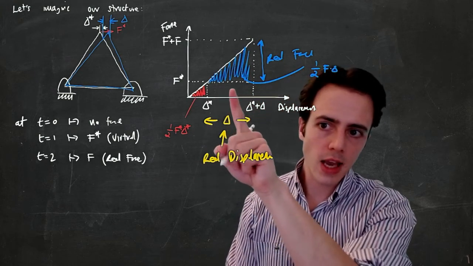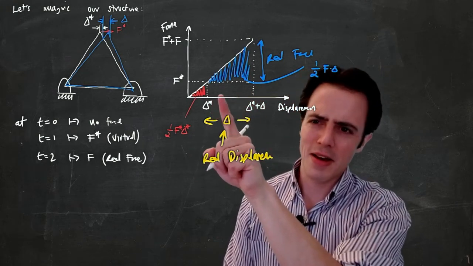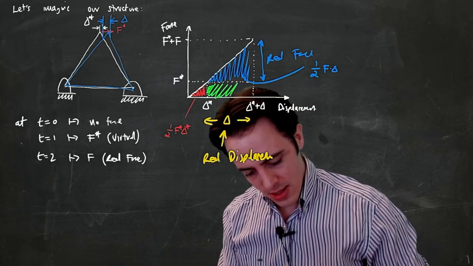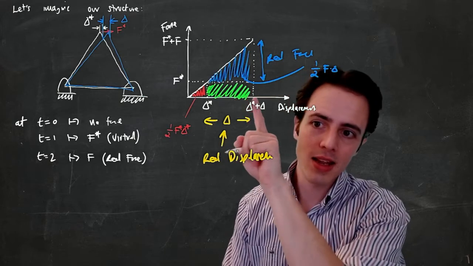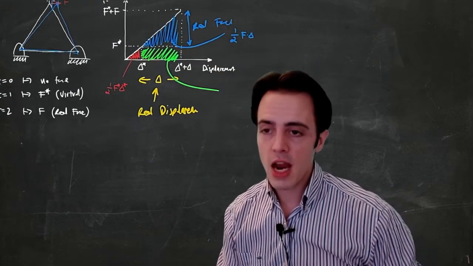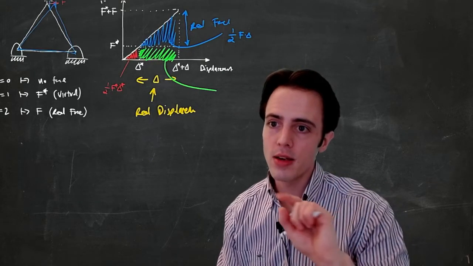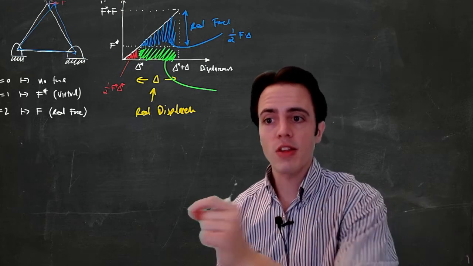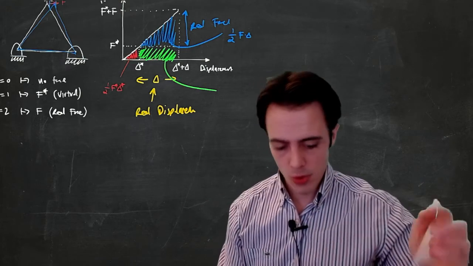But there's this second area, or the third area underneath here, which we're going to colour in green for now. And this bit under here is the key to understanding virtual work methods. So this area under here is the work done by the virtual force when it's been moved through displacement that's been done by the real force.